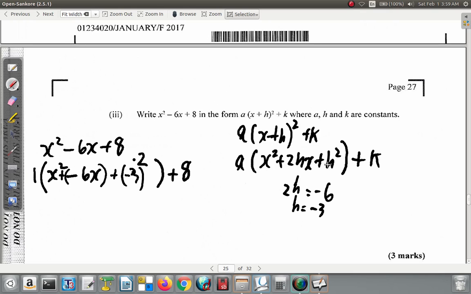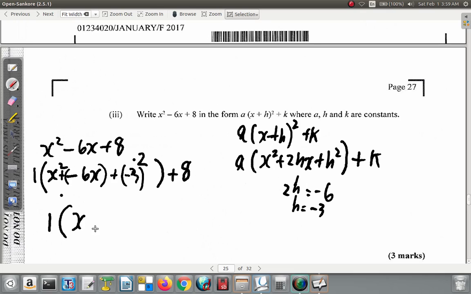Just fixing it up to make it look like this. Now, the pattern here says a(x plus h) squared. A is the number that we put in front of the bracket. Our a is 1. There is 1, open bracket.